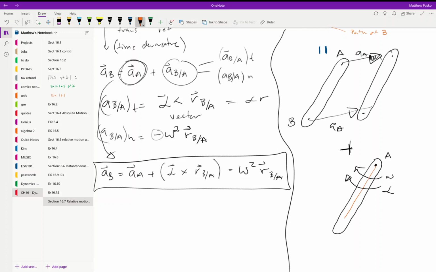Let's call this r of B with respect to A, and let's go ahead and draw the path of point B. If it's rotating, it's going to have a normal and a tangential component. We'll have a normal component in this direction and a transverse or tangential component.